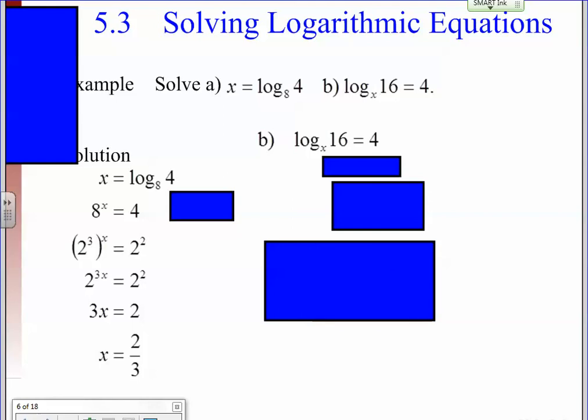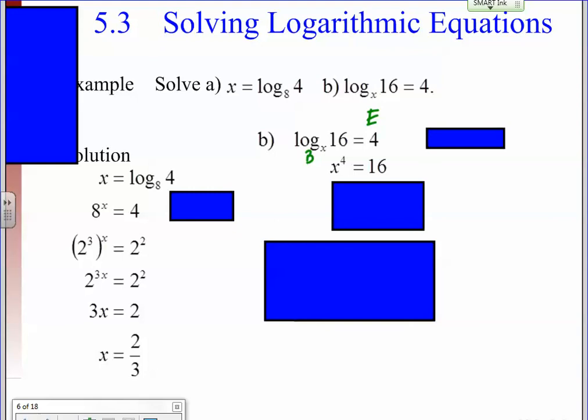So part B. Log of base x, argument is 16, and the exponent is going to be this 4. That's the exponent. That's the base. Okay, so if we translate that back into exponential form, x to the 4th equals the argument, 16.